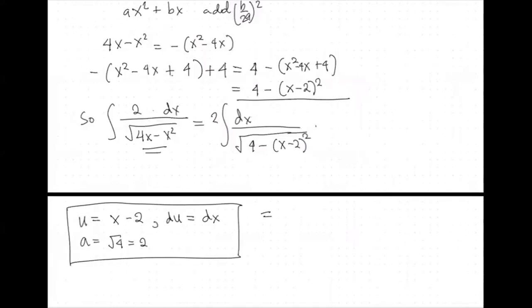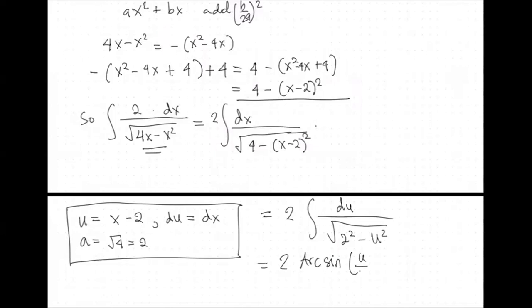So this will become 2 du over the square root of 2 squared minus u squared. And this is just 2 arc sine of u over a, u over 2, plus c.